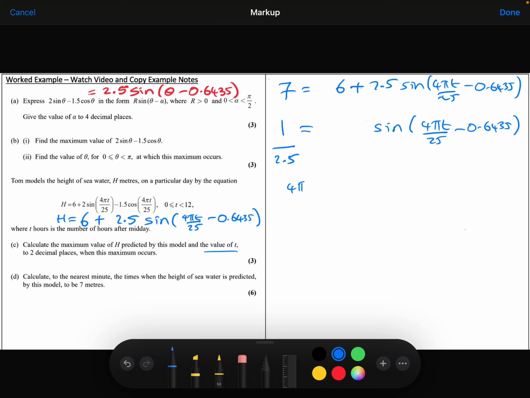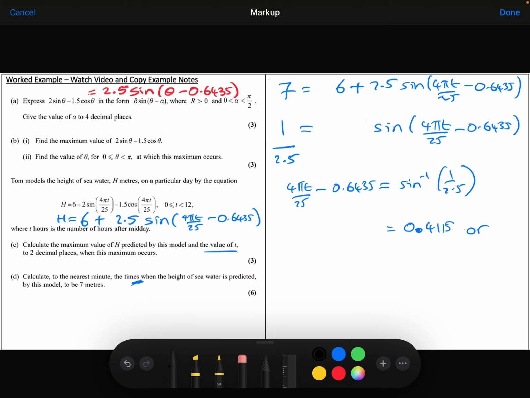So 4 pi t over 25 minus 0.6435 is equal to sine inverse of 1 over 2.5. Which gives 0.4115. Or, and it's really important to remember, notice the question says the times, plural. There will be more than one answer to this.